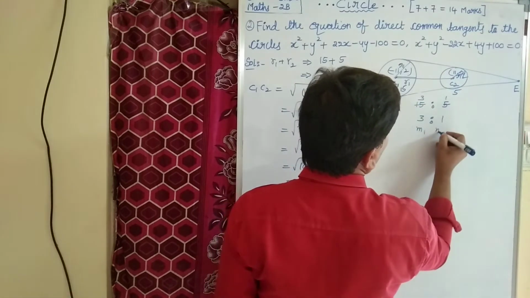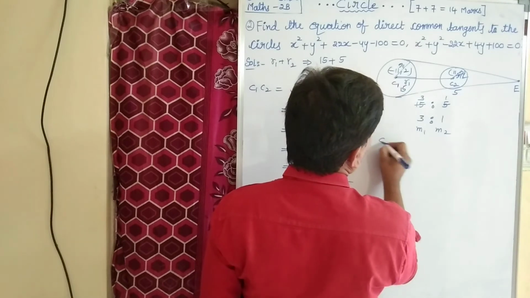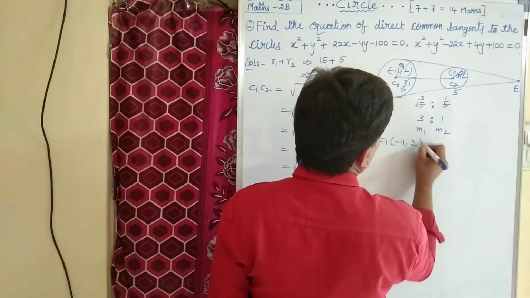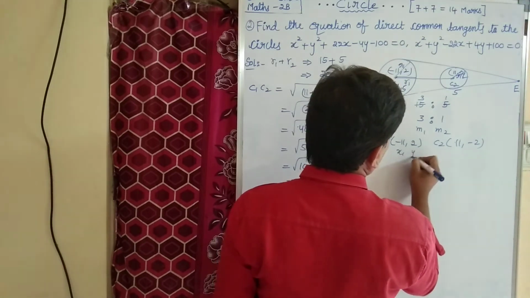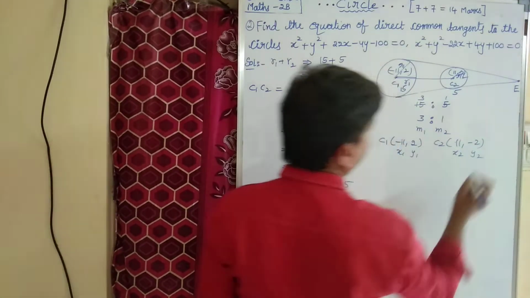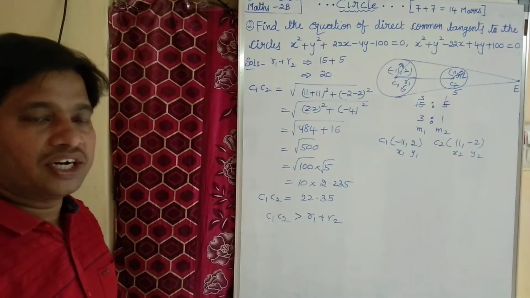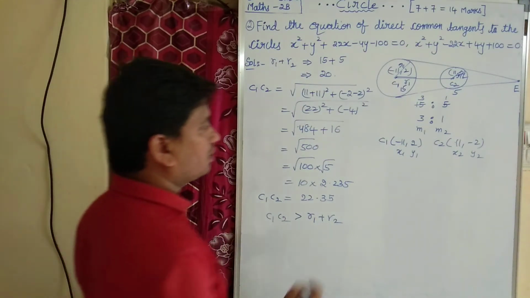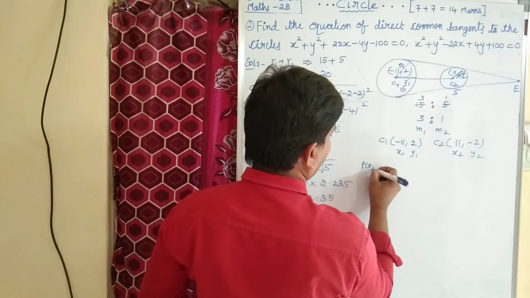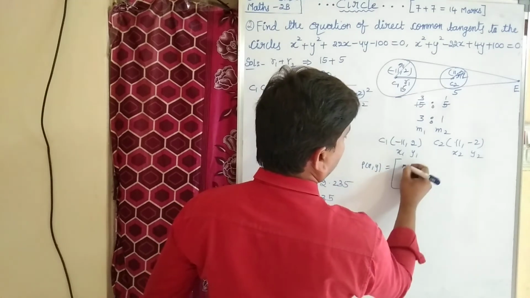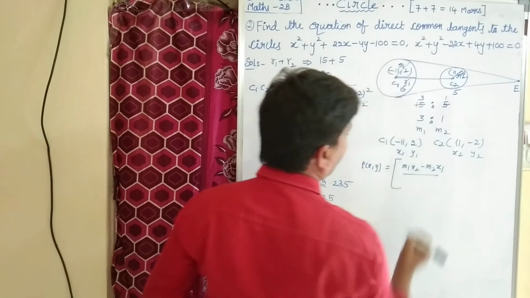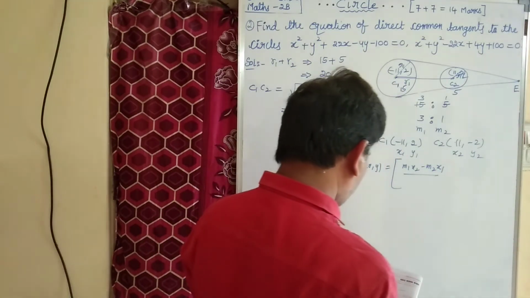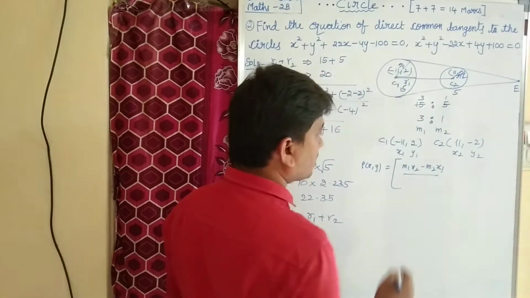This is our m1, m2. And our points are minus 11 comma 2 and 11 comma minus 2. This is x1, y1, x2, y2. Externally dividing, right? So what is our section formula? P of x comma y equal to m1 x2 minus m2 x1 divided by m1 minus m2.